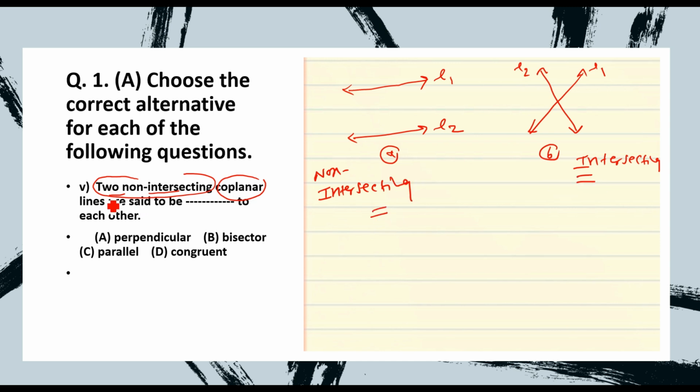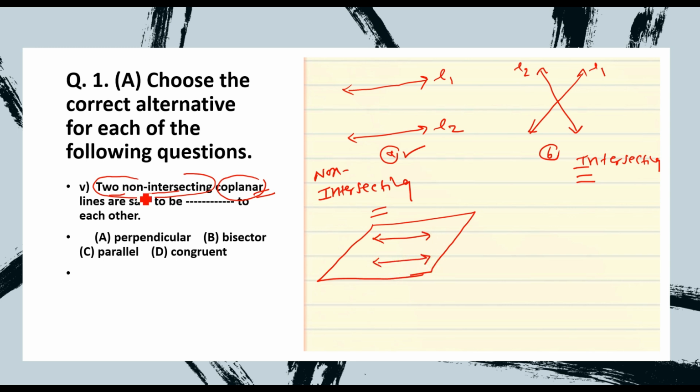Now the question is, if you have two non-intersecting lines, that means option number 1. And coplanar, what is meant by coplanar? Suppose we have a plane. Any flat surface we call a plane. A table is a plane, a board is a plane, a TV screen is a plane, and even the mobile screen is also a plane. Coplanar means in the same plane.